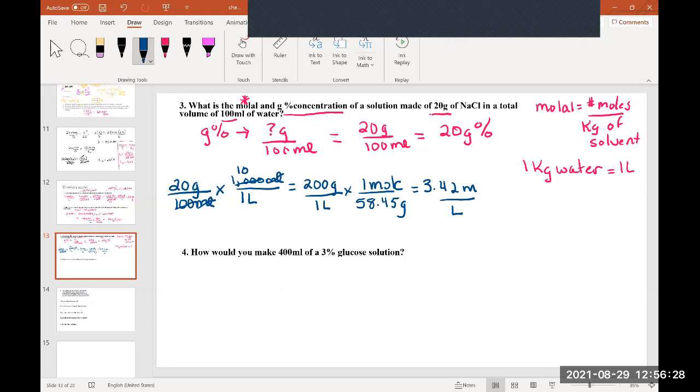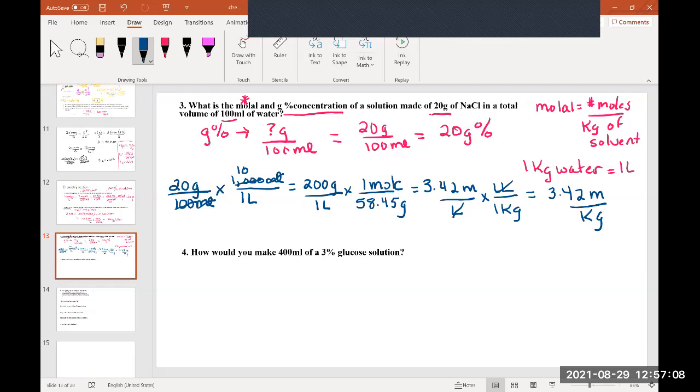Now that's molarity. I need molality. And because I'm playing with water, for every 1 liter of water, it has a mass of 1 kilogram. Again, don't ever do this conversion in a chemistry class because you're not necessarily only playing with water as a solvent. And these calculations would be very different in a chemistry class. My units cancel out, and now I have 3.42 moles per kilogram of solvent.